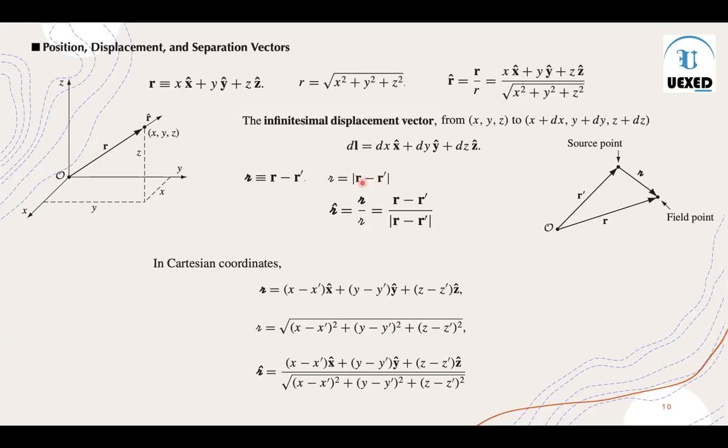So this modulus is something like r minus r prime, and this is going to give you the magnitude. And similarly, as we defined the unit vector of one position vector, you can always define the unit vector for the displacement.